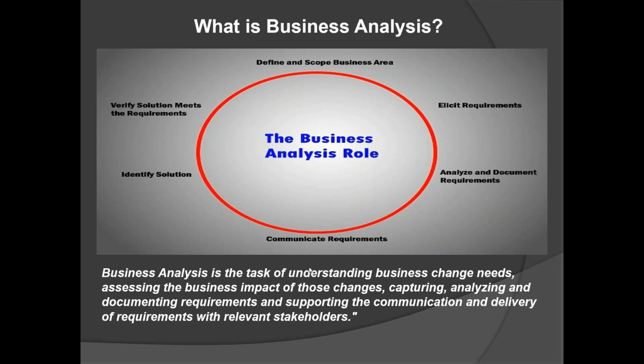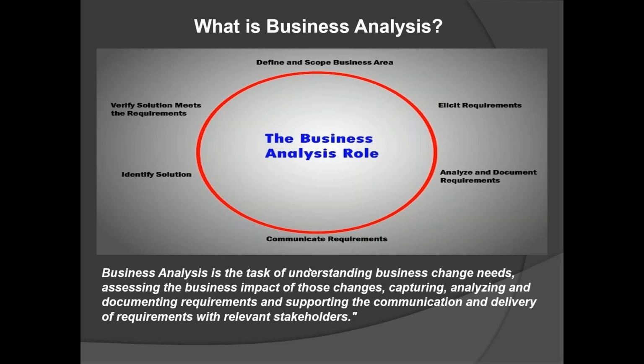So in this process, we are going to learn what the roles and responsibilities of a BA are, what the prerequisites for a BA are, what a BA should do, and what a BA should not do. What challenges will he face while gathering requirements?